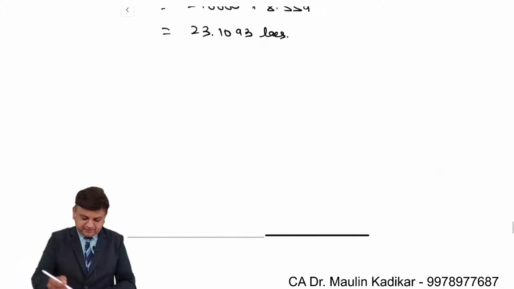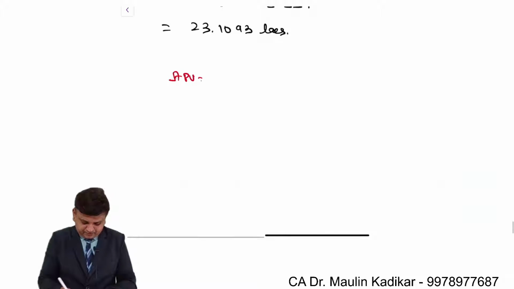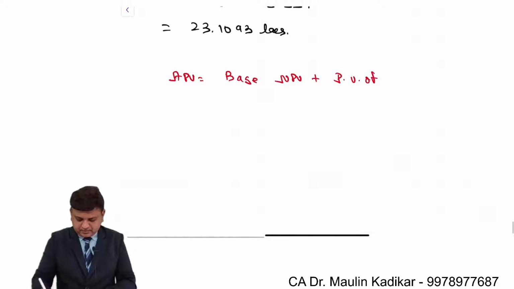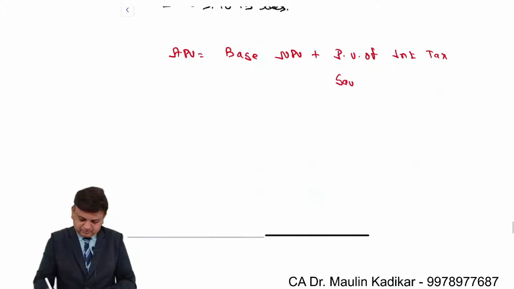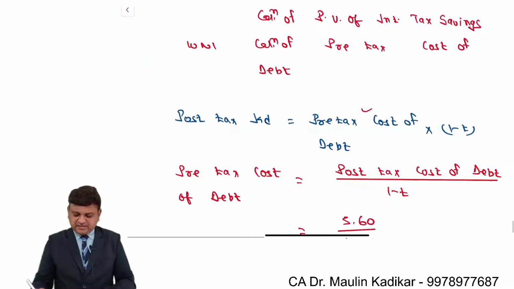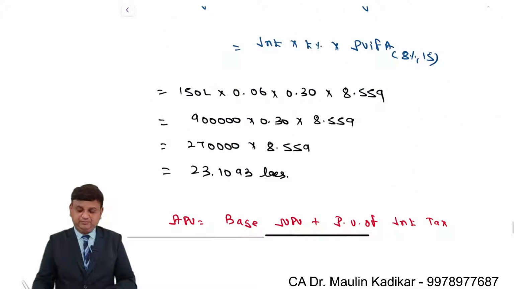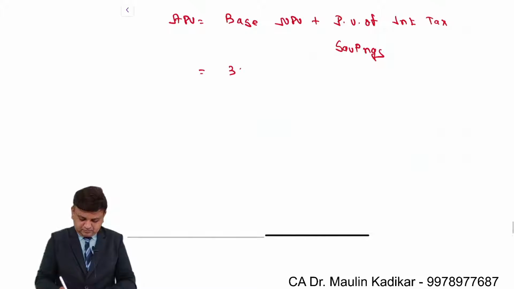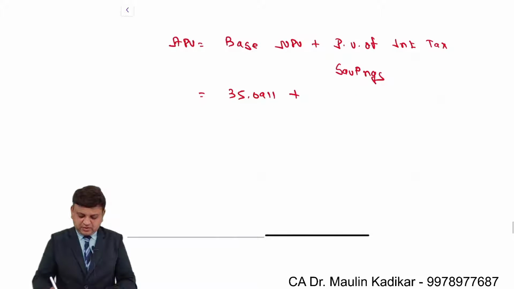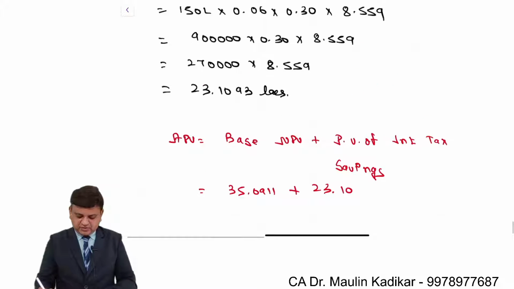Now the final answer: APV is equal to base NPV plus present value of interest tax savings. The base NPV amount is 35.0911 plus 23.1093.